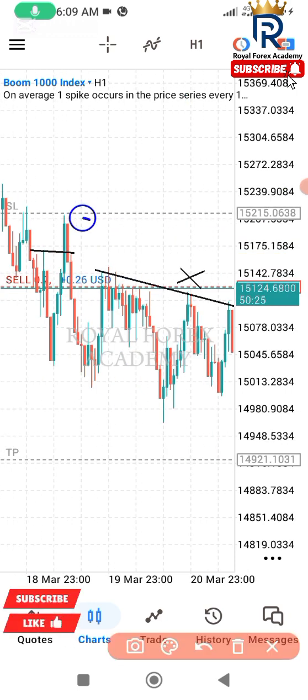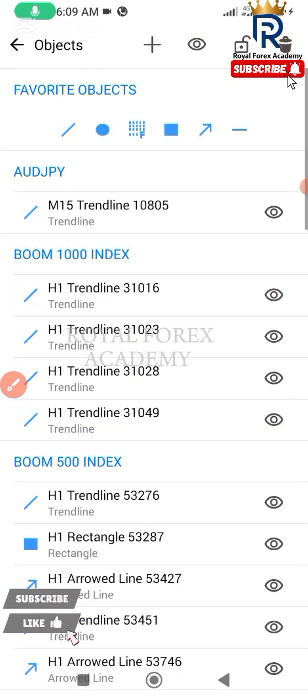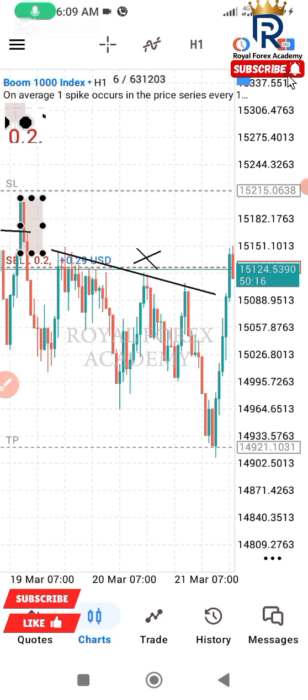it took away those liquidity, and in taking away that liquidity, it comes to mitigate inside of this institutional candle. So that becomes a mitigation of this candle.